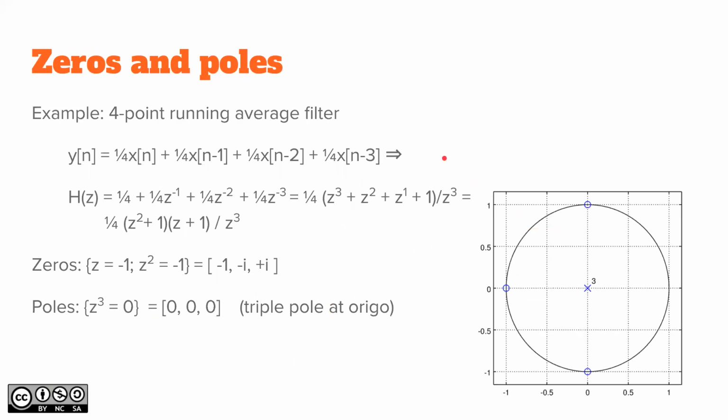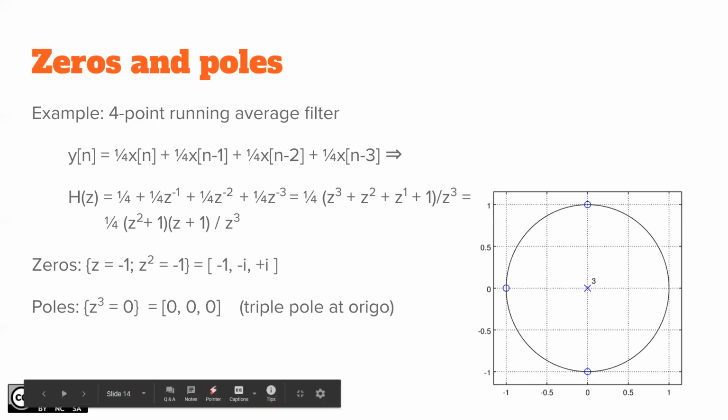So calculating the zeros and poles of the 4-point running average filter. Okay, we can easily see that from calculating the zeros and poles. We have this kind of polynomial, which can then be divided into a multiplication of polynomials: Z squared plus 1 multiplied by Z plus 1. So the Z plus 1 has a special point at minus 1. Maybe I will annotate again.